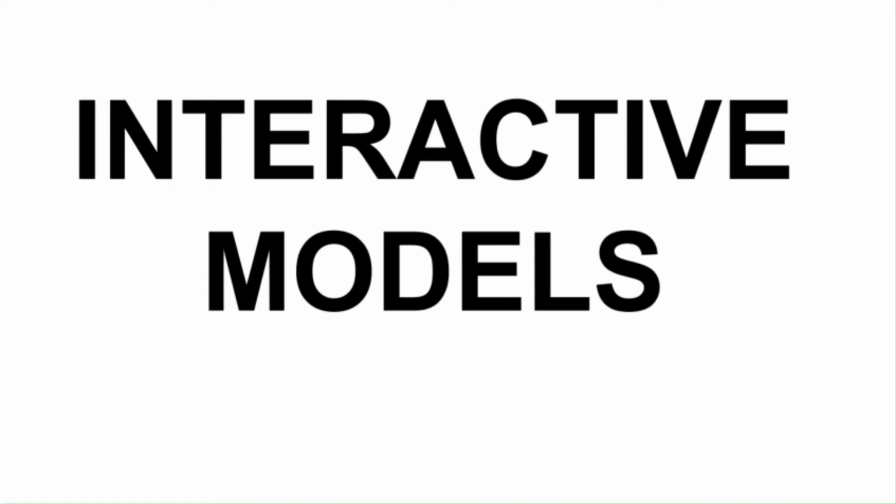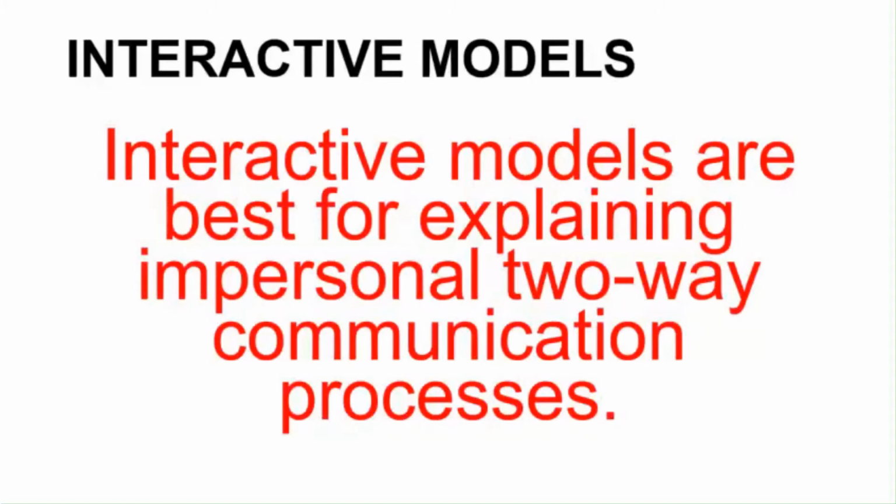Another category of model of communication is the interactive models. The interactive models are best for explaining impersonal two-way communication processes, meaning the interactive model of communication expands our understanding of the communication process by taking into account that messages flow back and forth from the receiver, whereas the linear model of communication views the communication process as completed when the receiver decodes the sender's message.